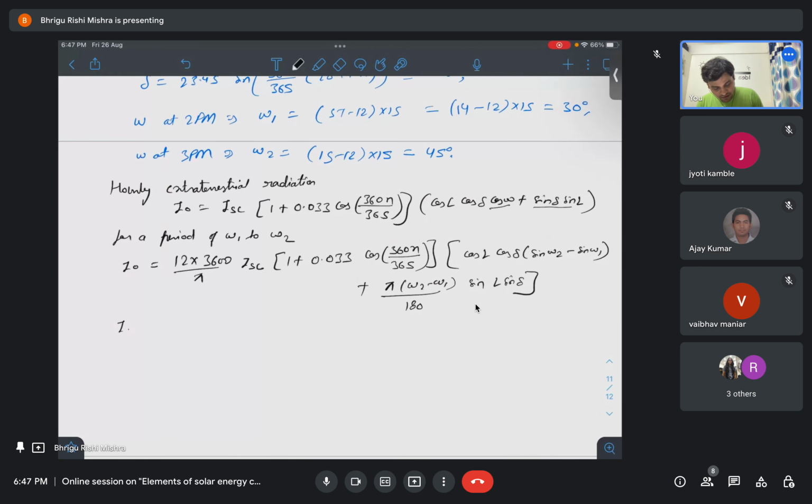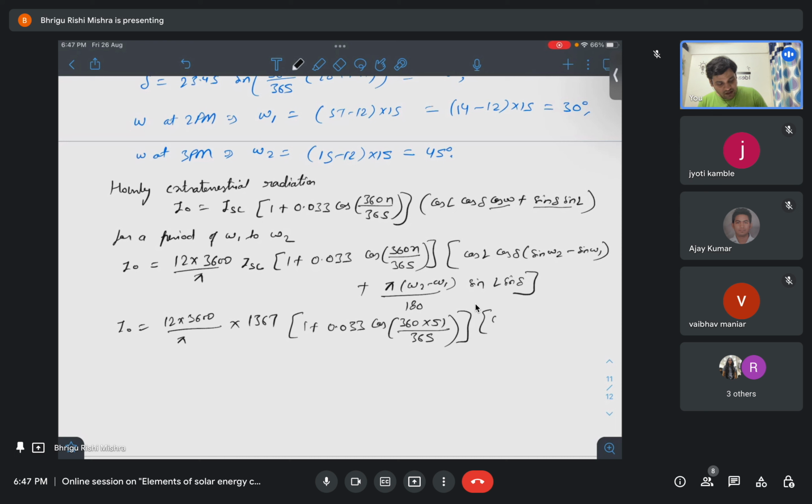Okay, so I naught is 12 into 3600 by pi. ISC is 1367. Okay, and also putting the other values, cos 360 into 51 by 365.